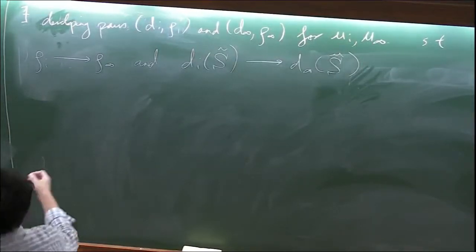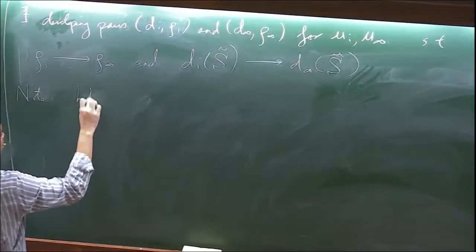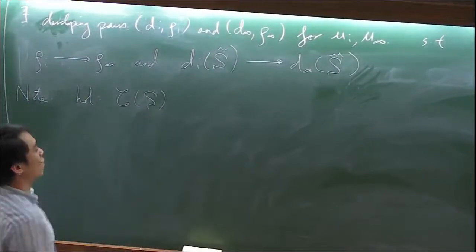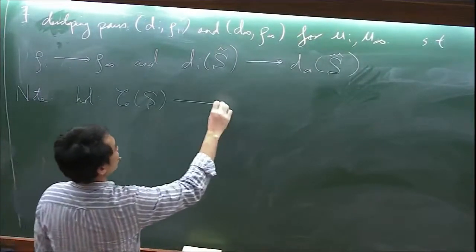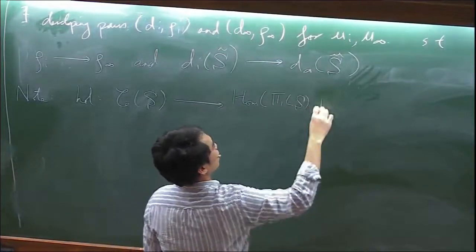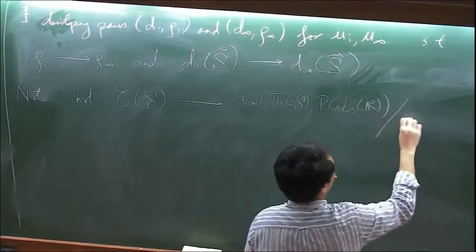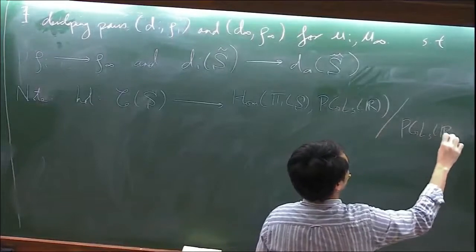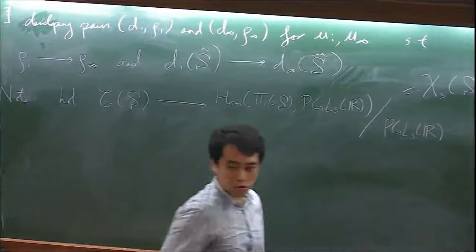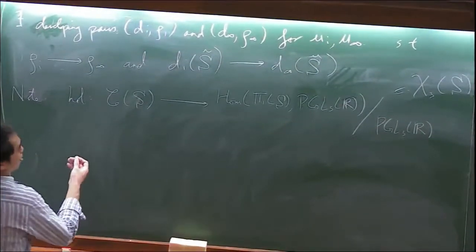And then from this topology, note that if you take the holonomy map, this is a map from this deformation space to the space of homomorphisms from the fundamental group of S to PGL3(R), considered up to conjugation by PGL3(R). I'm going to denote this by X3 of S for short. So what is this map?